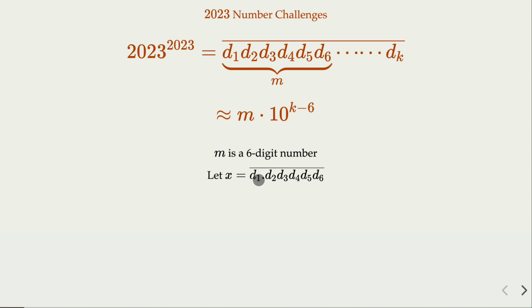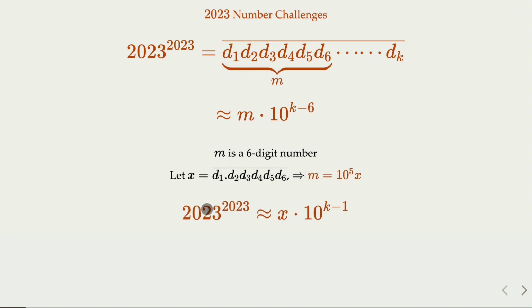So if that is the case, what is m? m would be x times 10 to the 5th power, right? So plug into the equation here, what do we get is this. We just replace m with x times 10 to the 5th power in this equation, and then 10 to the 5th plus k minus 6 would be k minus 1, right? So you have this.